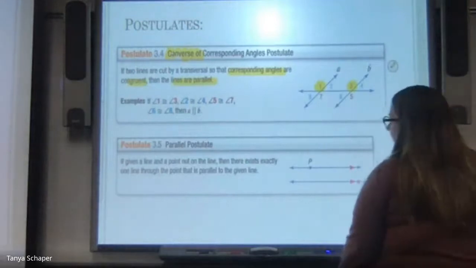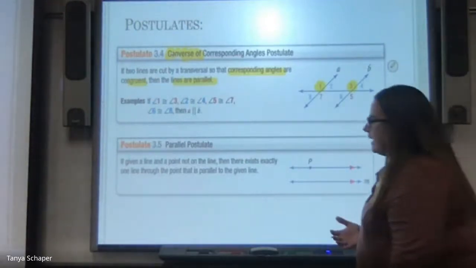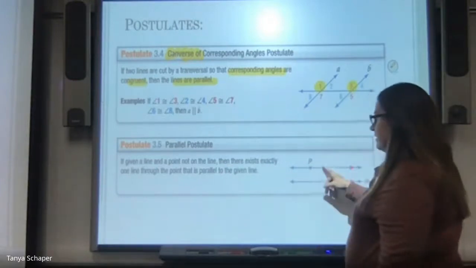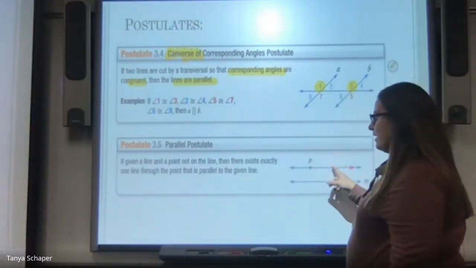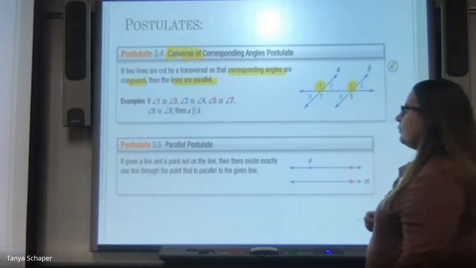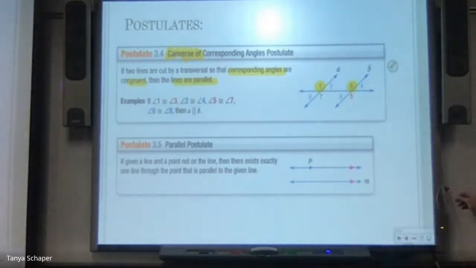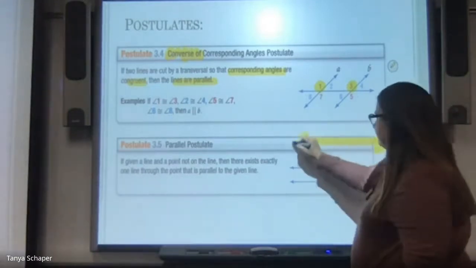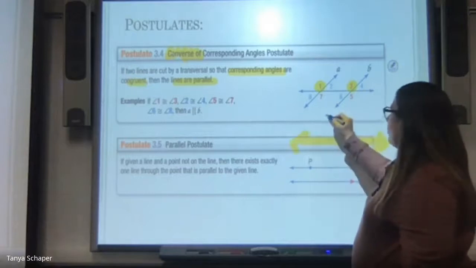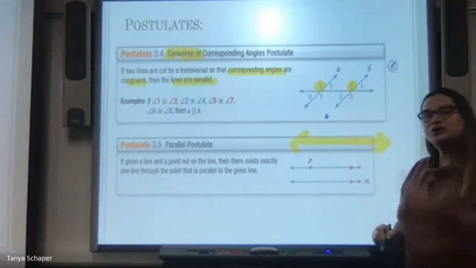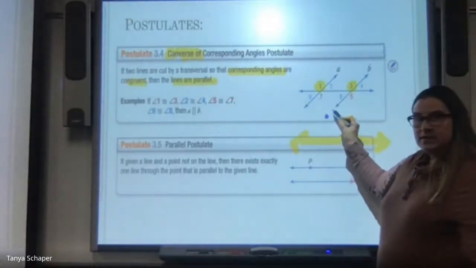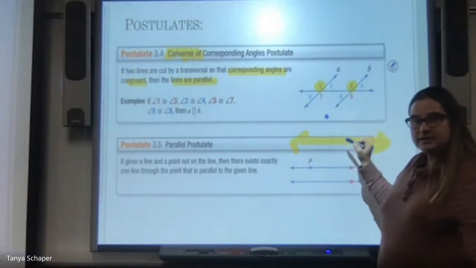The parallel postulate, this is new. If given a line and a point not on the line, there exists exactly one line through the point that is parallel to the given line. Basically what that's saying is, if I have a line and I have a point, there is only one line that goes through this point that is also parallel to this line.